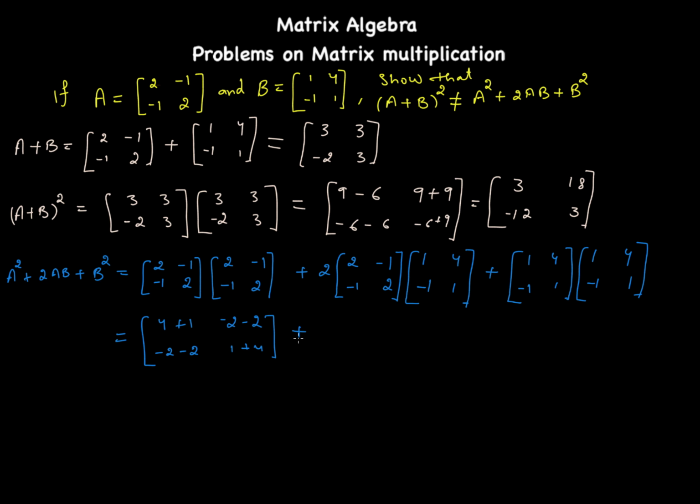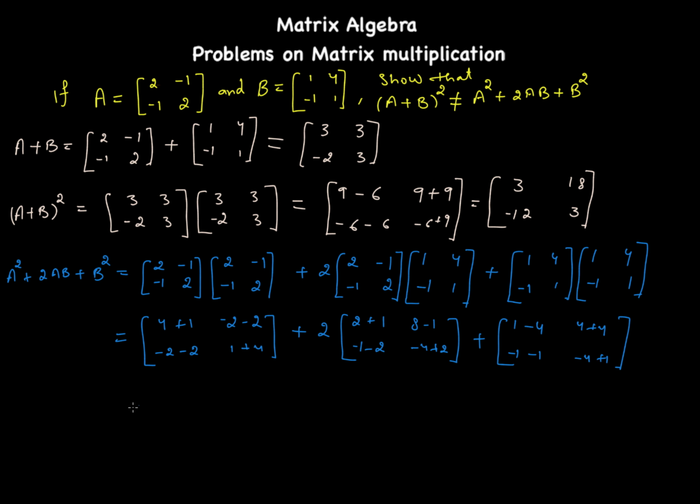I'm going to multiply the 2 at the end with the product matrix, so this 2 will be multiplied by each element of this product matrix: 2 plus 1, 8 minus 1, -1 minus 2, and -4 plus 2. And for B squared we got 1 minus 4, 4 plus 4, -1 minus 1, and -4 plus 1.